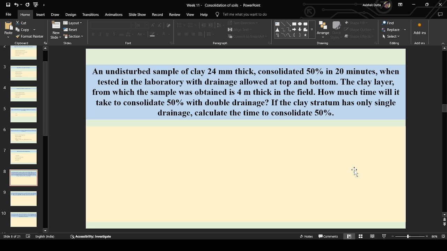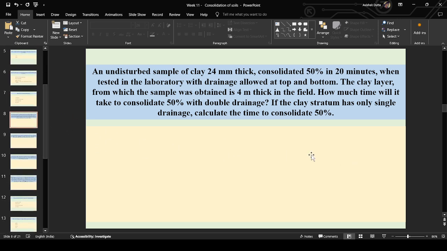An undisturbed sample of clay 24 millimeter thick consolidated 50% in 20 minutes when tested in the laboratory with drainage allowed at top and bottom. The clay layer from which the sample was obtained is 4 meter thick in the field.